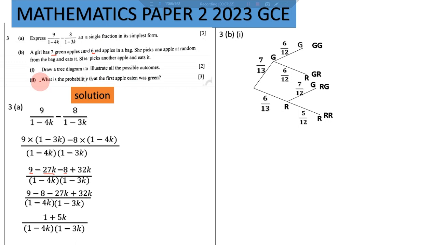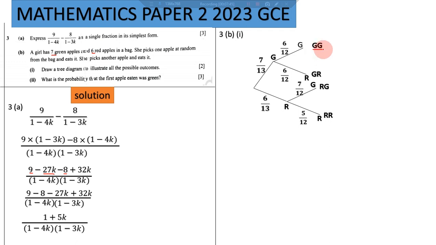Question 3b Roman numeral 2 says, what is the probability that the first apple eaten was green? So looking at all our possible outcomes here, they're saying we need to find the probability that the first apple which was eaten was green. So which branch has got green as the first apple which was eaten?